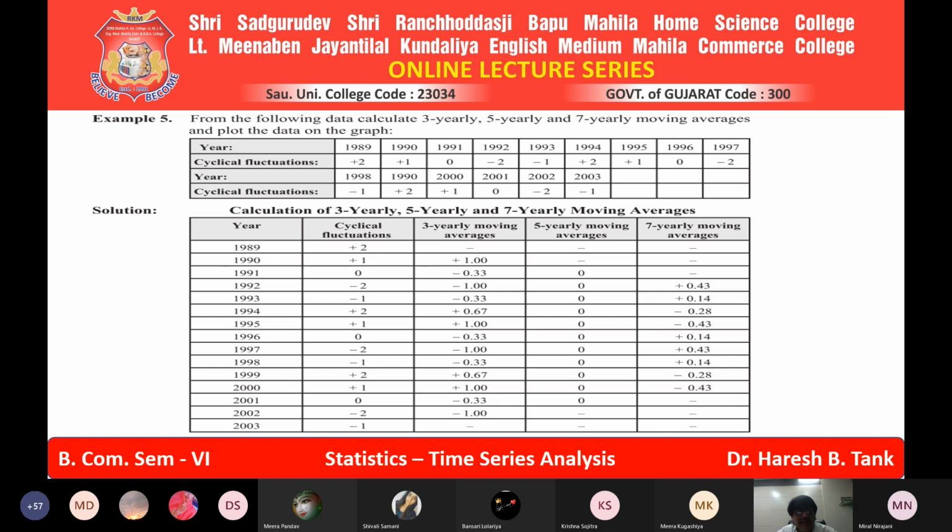So what you will be having would be +1, -0.33, -1, -0.33, 0.67, 1, 0.33, -1, -0.33, +0.67, 1, -0.33 and -1.